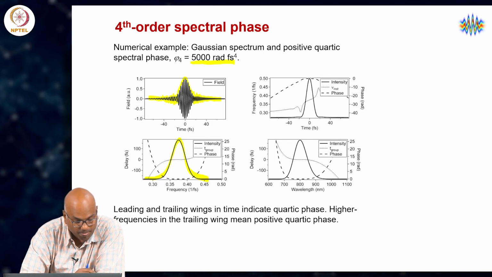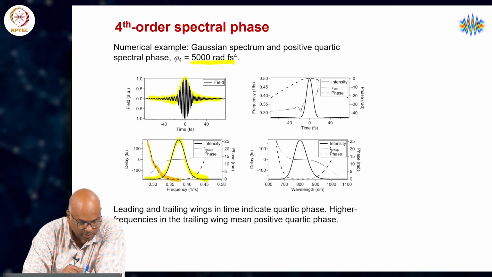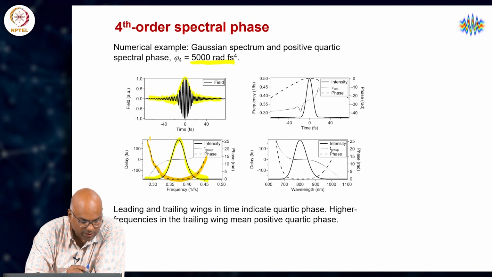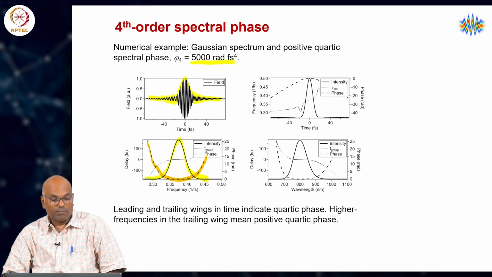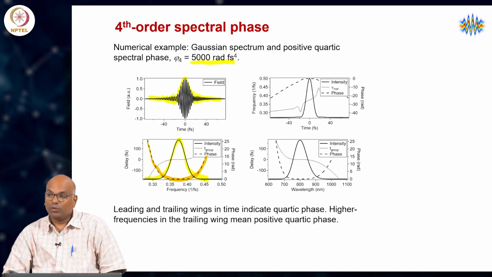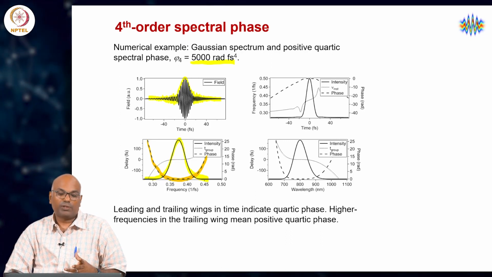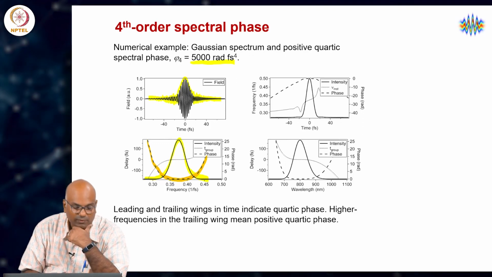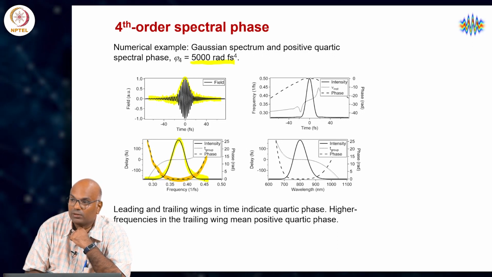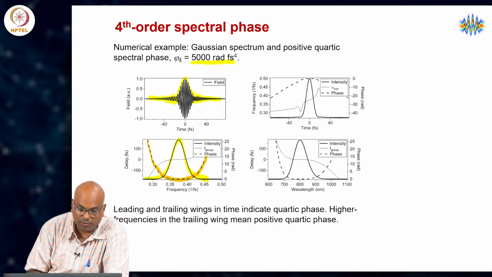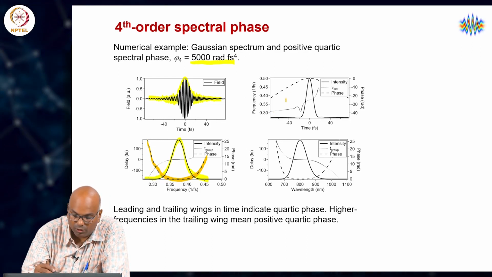whereas in the frequency domain we are only considering a spectral phase which is quartic. Once again I must emphasize the fact that this implies that the first 4 coefficients, from phi 0 to phi 3, have been artificially set to 0, in which case we have this purely quartic behavior of the phase function, okay, and that leads to an instantaneous frequency which is cubic.